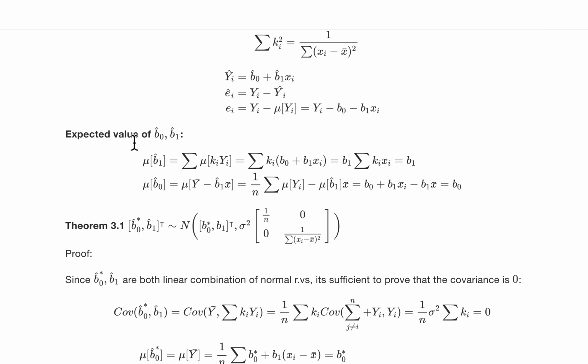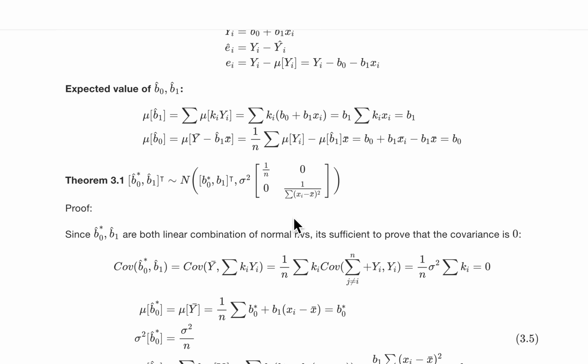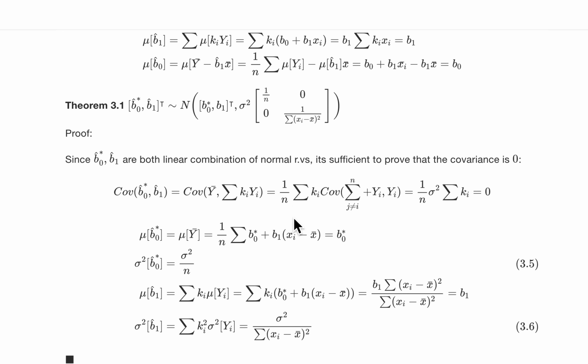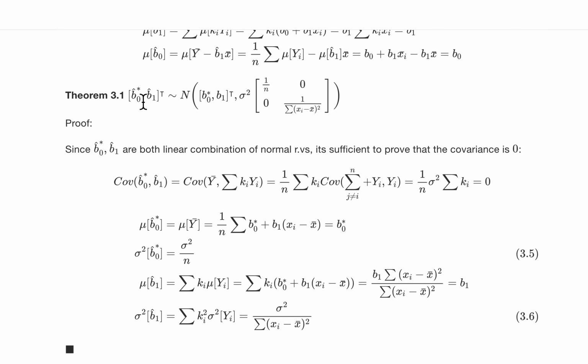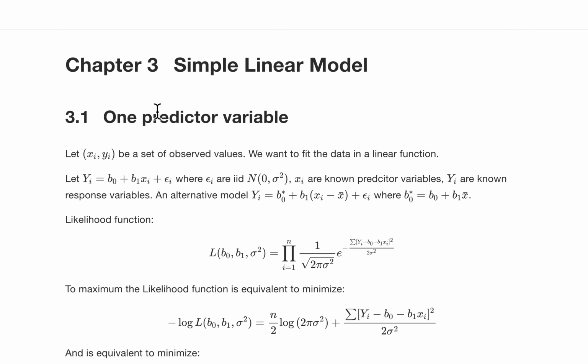We can show that the expected values of b1 hat and b0 hat are unbiased estimators of their own parameters b1 and b0. Another thing we're going to talk about is a theorem about b0 hat star, which is b0 hat plus b1 hat x bar.